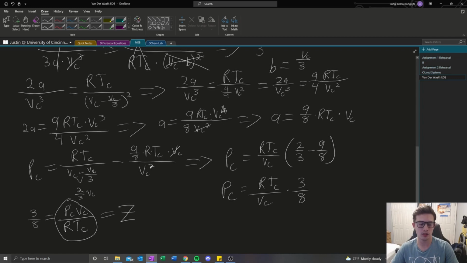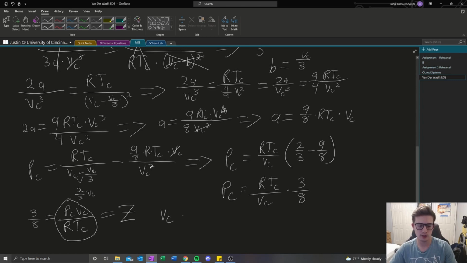It's easier to find the critical pressure and critical temperature experimentally. So when we use Z, it's often that we know the pressure and the temperature at the critical points. So it's kind of like a pseudo way to solve for the critical volume. And since we don't typically know the volume, and we can find it, let's just go ahead and do that. So I'm going to go ahead and solve for VC.